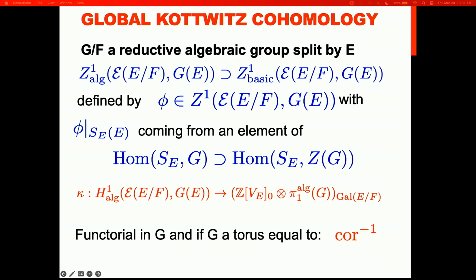And again, Kottwitz shows that the inverse of the co-restriction isomorphism I wrote down a minute ago gives maps from the algebraic cohomology of any reductive group G to, this time, the character lattice of SE, namely these sums of integers times places with the sum of the coefficients being 0, tensored with the algebraic fundamental group, and then take the Galois coinvariants of the whole thing.